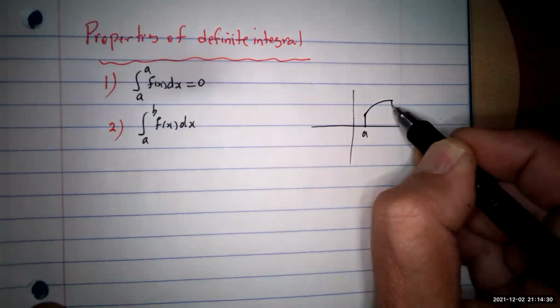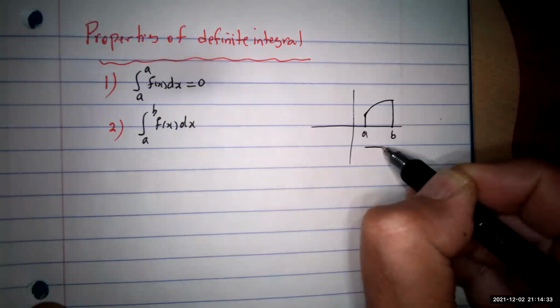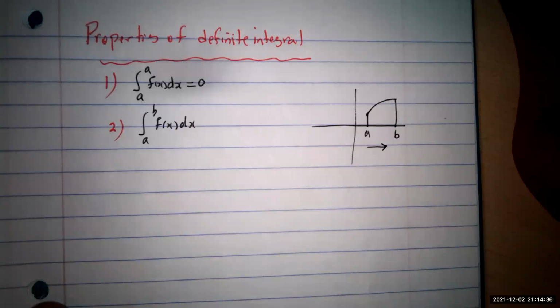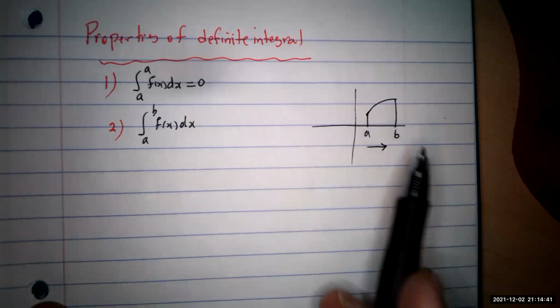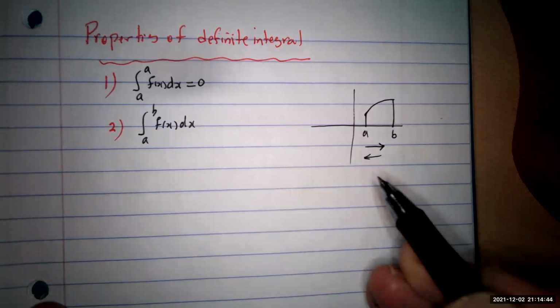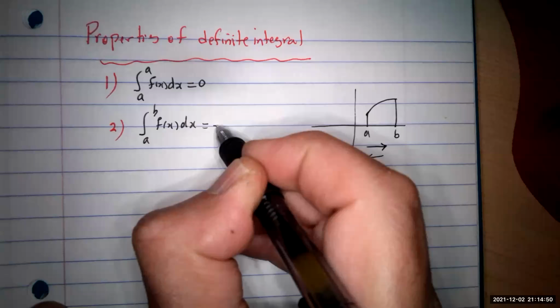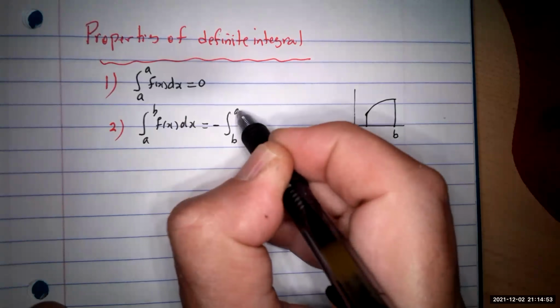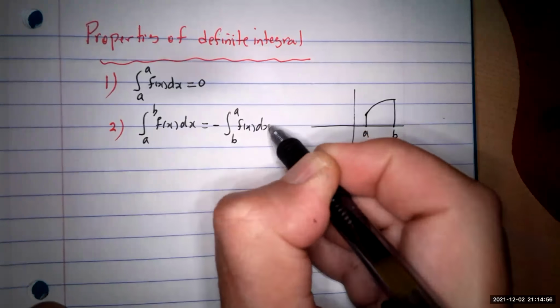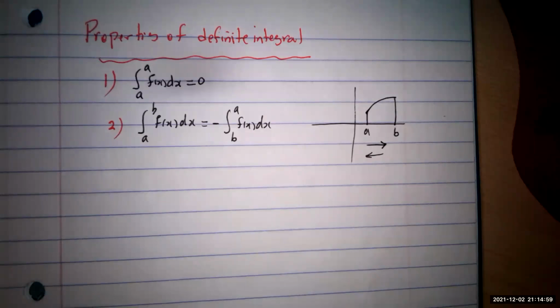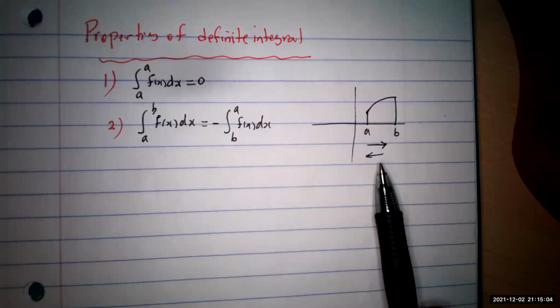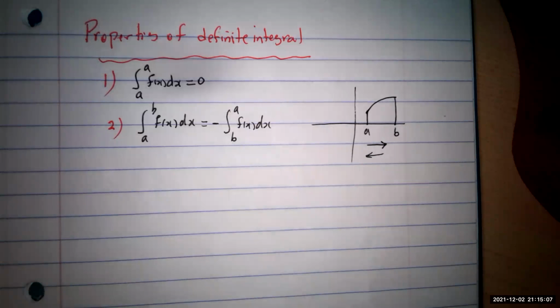The direction that you get for the area is from left to right. Integral from A to B would be the area. This direction is a positive direction. If you switch it, you have to have the opposite sign. So integral from A to B of f of x dx is going to be negative integral from b to a of f of x dx. Sometimes you may have to switch it. If you change the direction, you're going to have two different directions, so in that case, it's going to be the negative of the other one. Okay, again, an observation that would be useful.